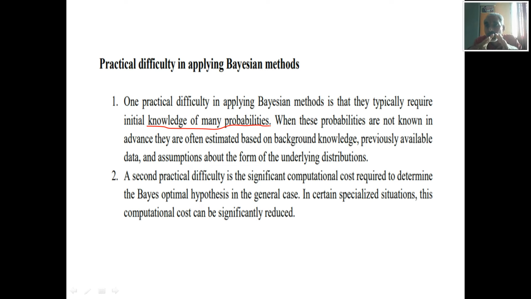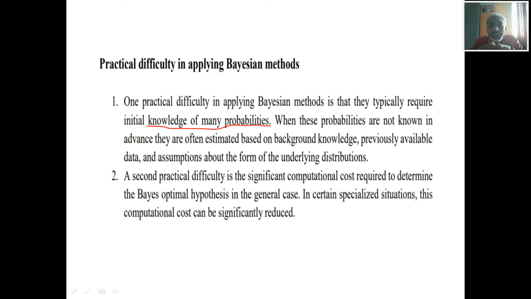Very few places have not seen the disease, but majority of countries have got it. So if you don't have that prior knowledge, then it is very difficult for us.